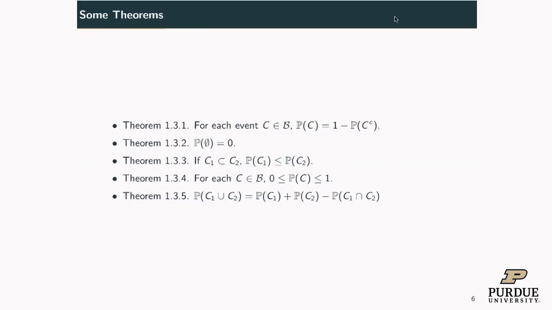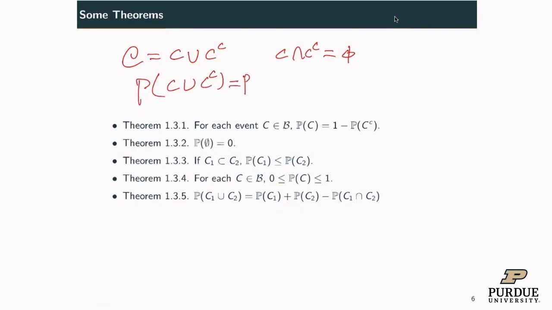You can see that the total sample space is C union C complement. Also, we know C intersect C complement is the empty set. Now, by property 3, the probability of C union C complement is the probability of C plus the probability of C complement. This is the probability of the total sample space, which is 1. So here we get this result.